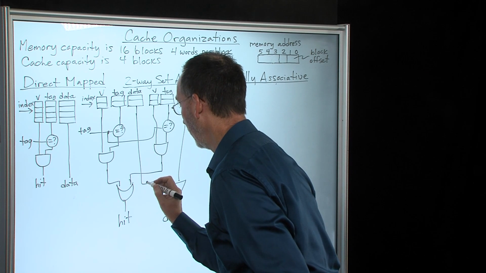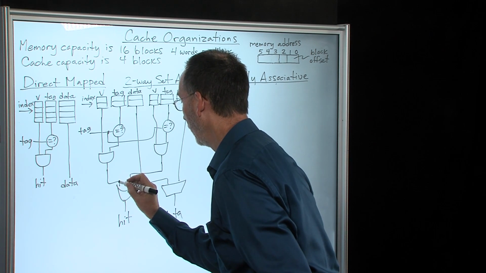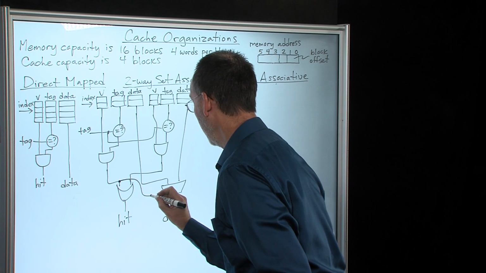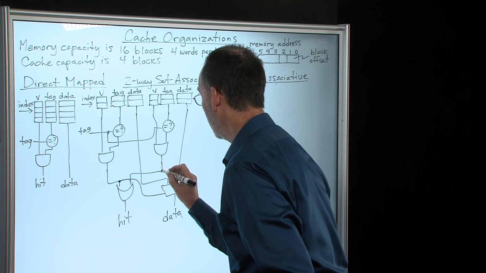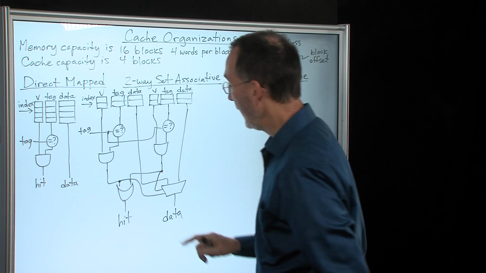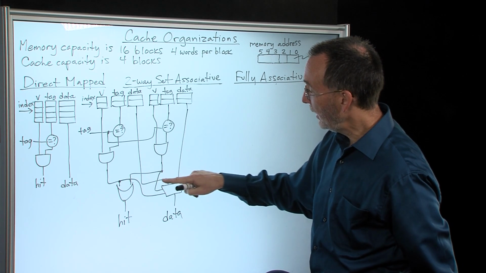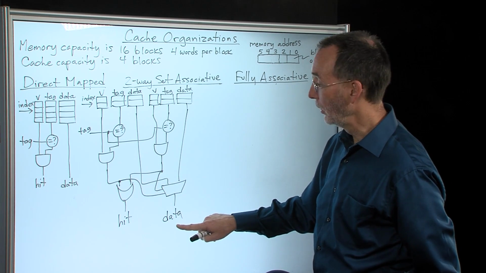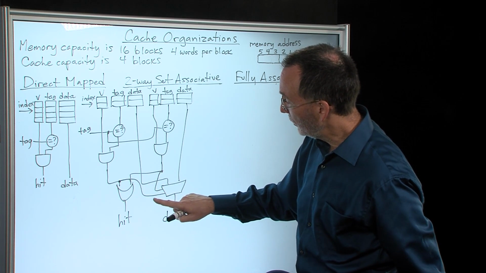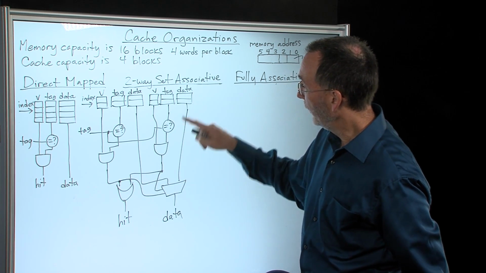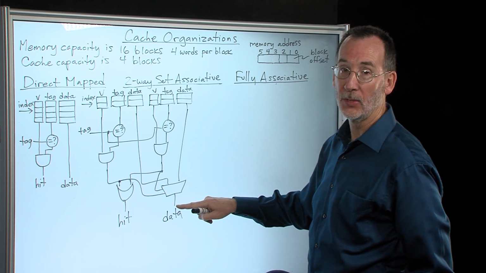So we're going to take this value here and feed this into here, this value here, and feed this into here. And so when this is a 1 and this is a 0, we're taking this data and passing that to the processor. And if this is a 0 and this is a 1, then we're going to select this data and send it to the processor.